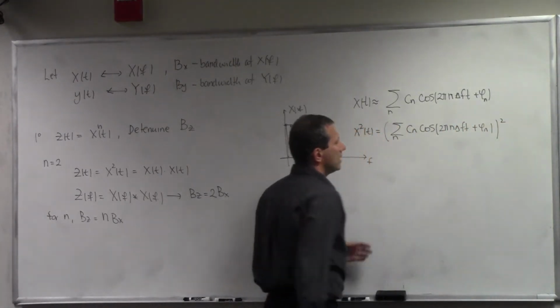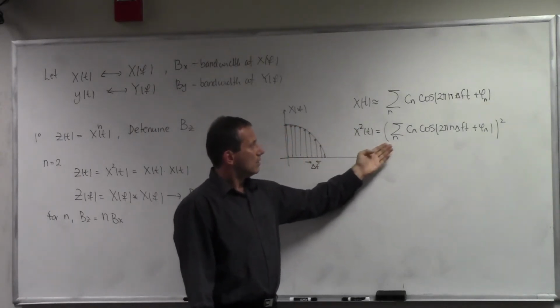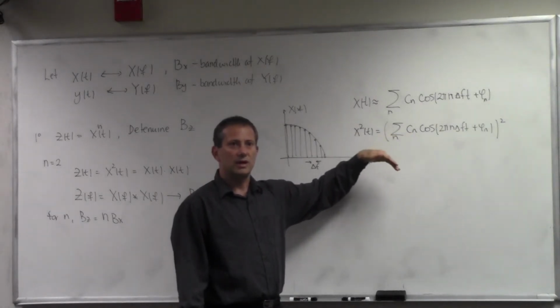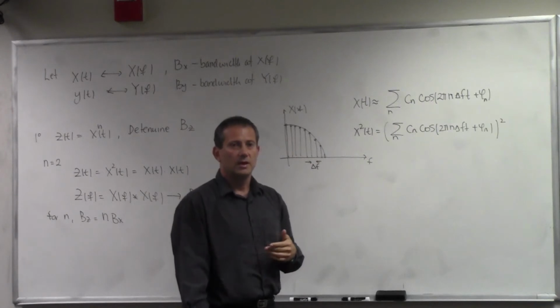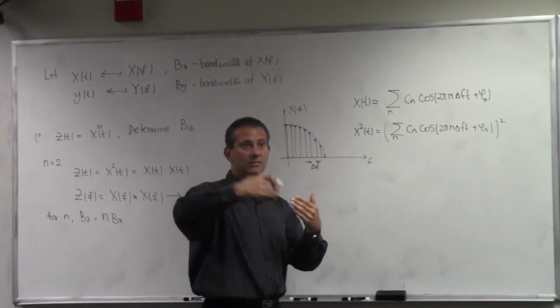And when we square this, what do we get? We get all components squared plus 2 times every cross product, right? And every product gives us a sum and a difference.